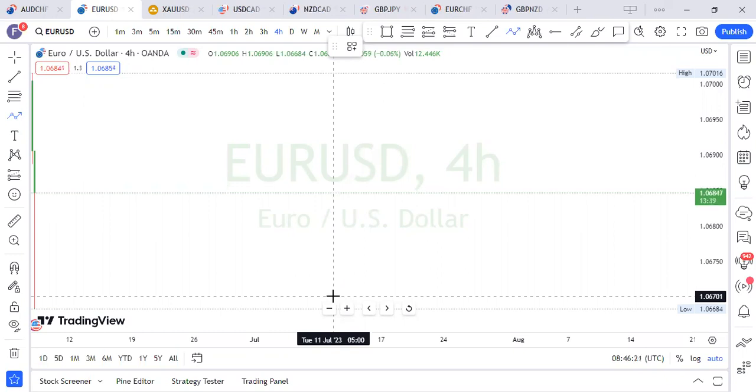Wait for a new structure, lower high, to form to confirm our trend change.